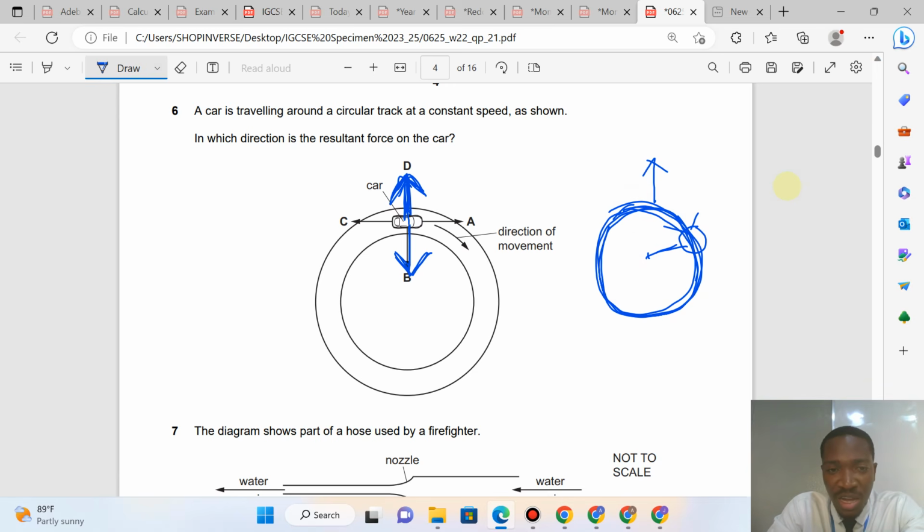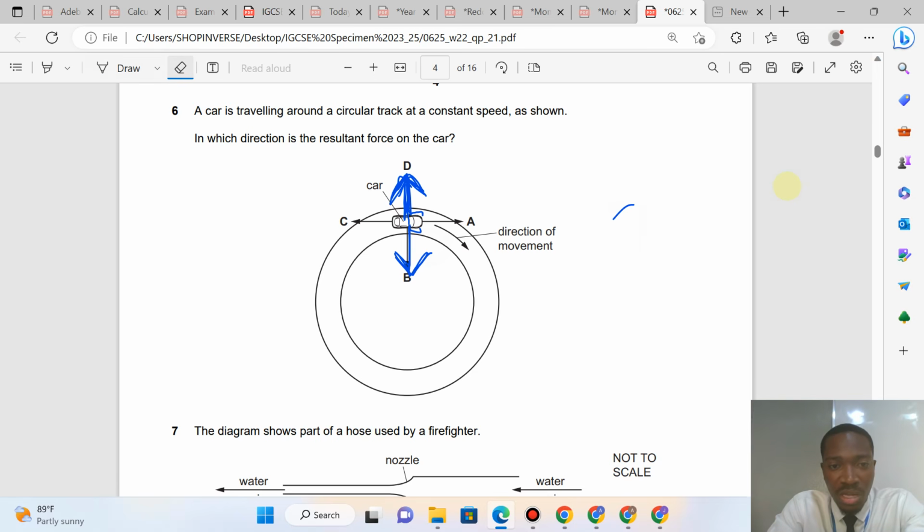In the case of a car, the outward centrifugal force needs to be balanced by an inward force provided by the friction between the tires and the road, and that inward force is called centripetal force. In that case, we select option B as the correct answer to this question.